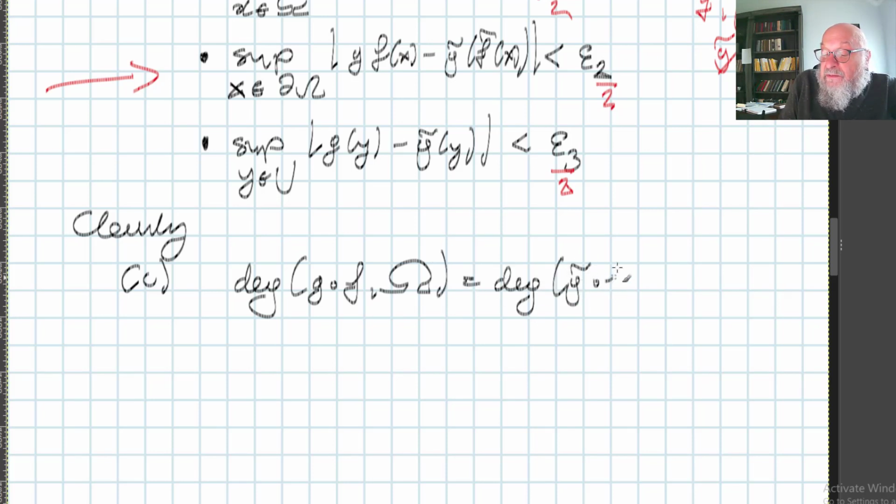So now we have reduced the problem of computing the degree of G composed with F to computations of nice regular maps.